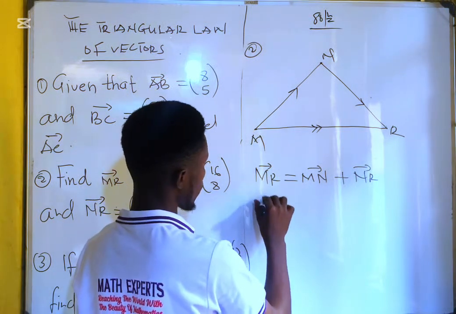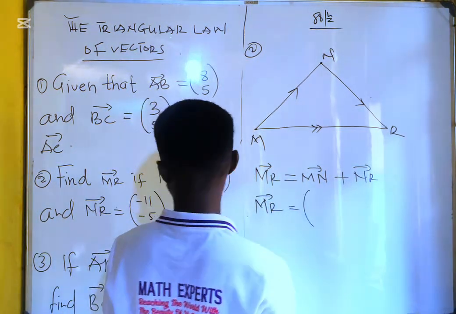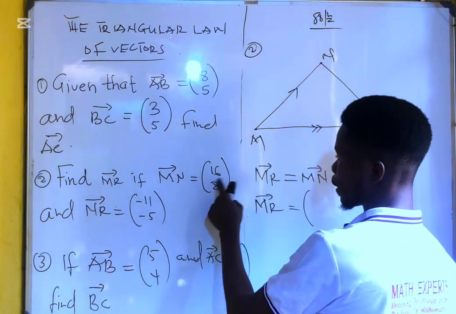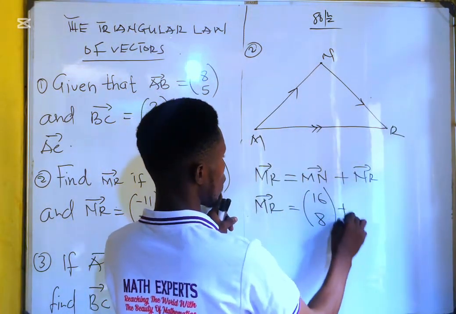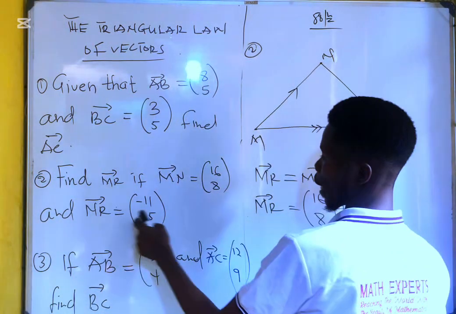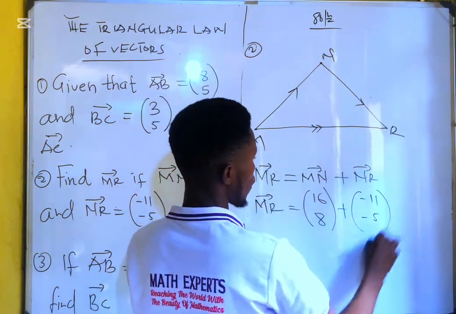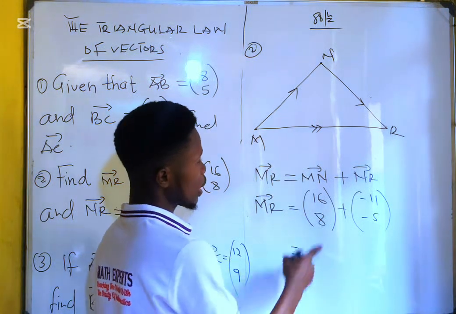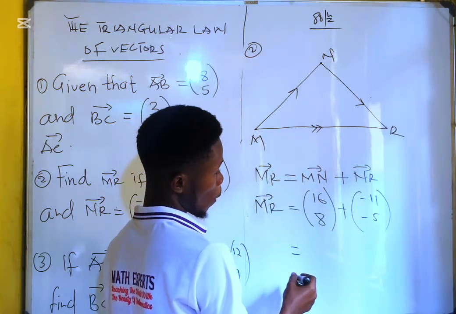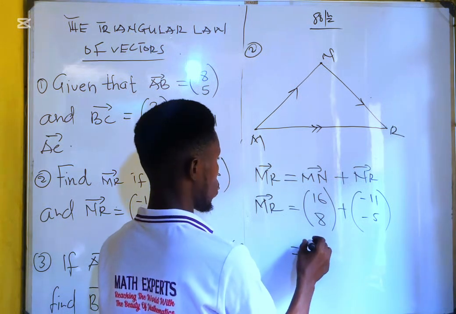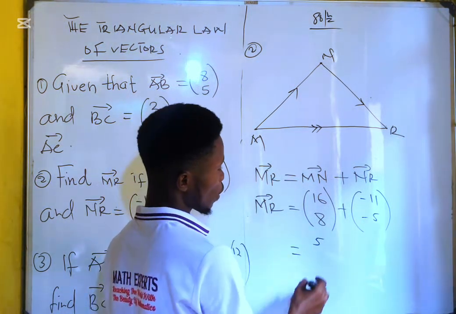Our MN is 16/8 and NR is negative 11, negative 5. So we get 16 plus negative 11, which gives you 5, okay. And 8 plus negative 5 will give us 3.